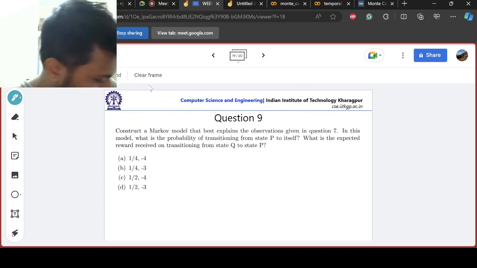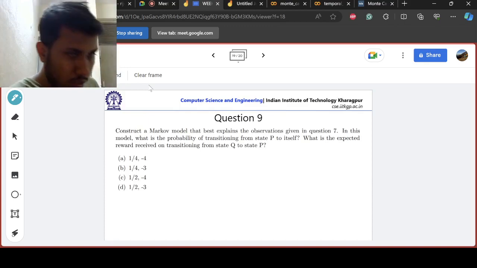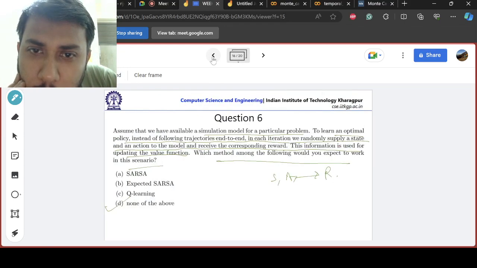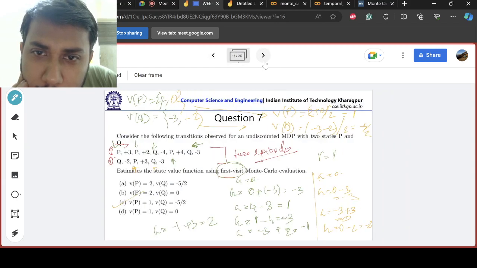Let's again write it down. It's difficult to write it down every time. I should have copied it every time. Plus 3, plus 2, minus 4, plus 4, minus 3.